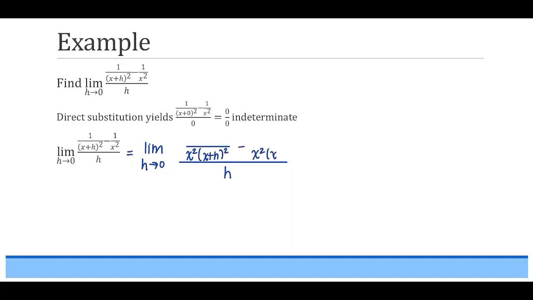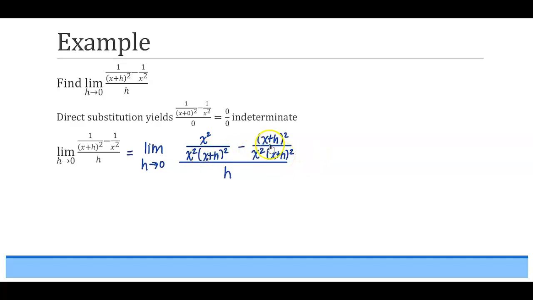Well, then the numerator on the first fraction is going to have to be x squared. If I multiply the bottom by x squared, I have to multiply the top by x squared. On the top right quotient, I'm going to have to multiply the top by the quantity x plus h squared, because that's what I multiplied the bottom by.